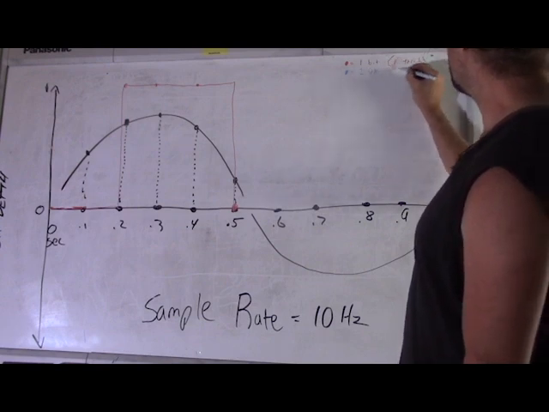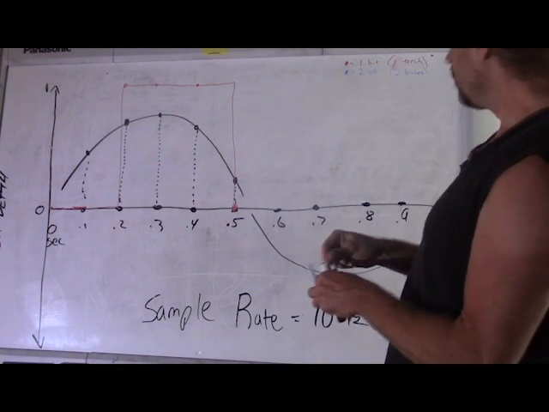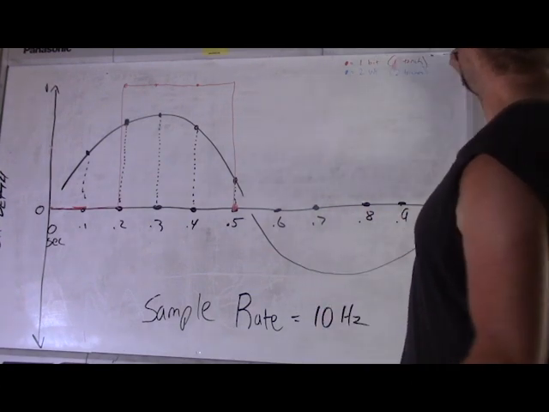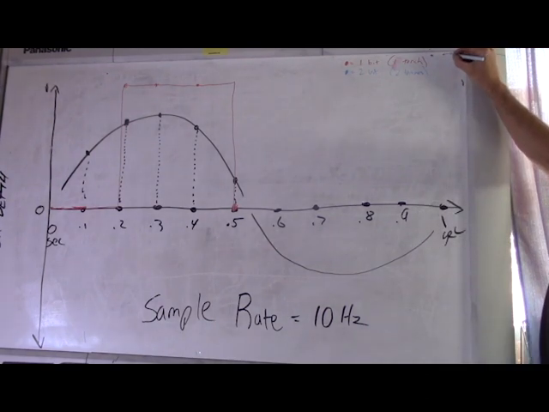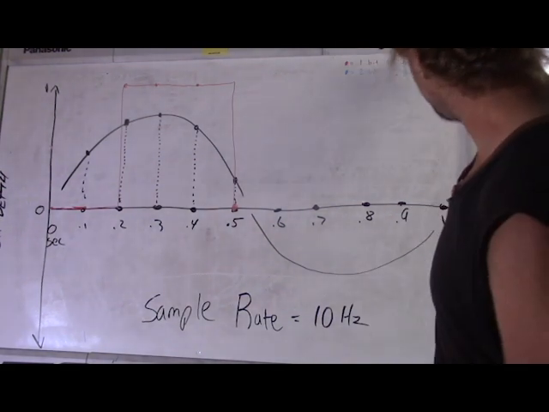2 bits, 2 torches. Now, with 1 torch, it can only be off or it can be on, 0 or 1. But look, only 2 possibilities.